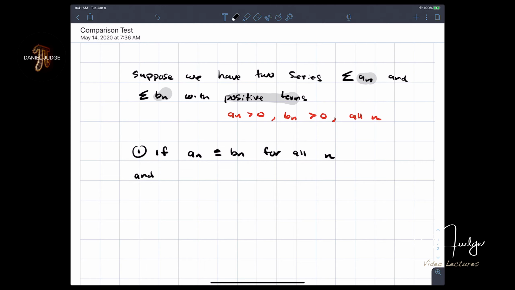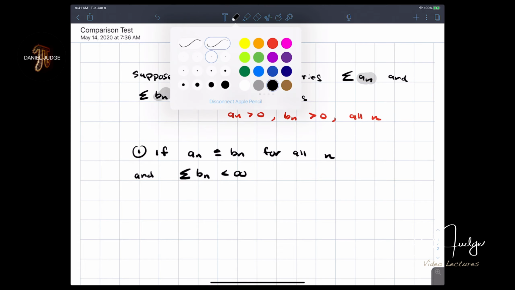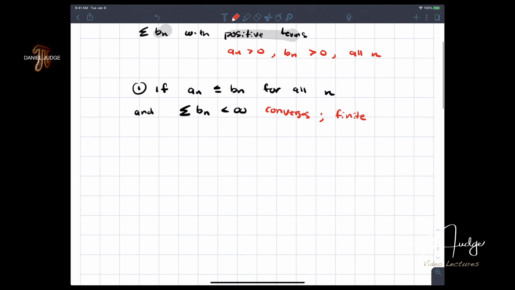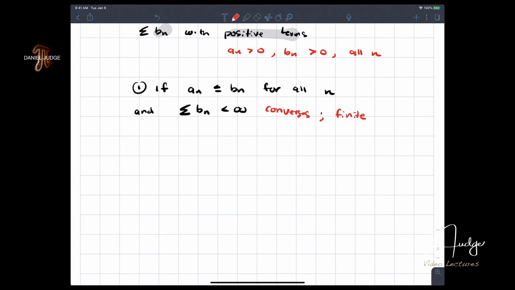We need to know that the series, the bigger series here, okay, so remember this, we're going to say the sum of b_n is actually going to be convergent. This means converges, right? Or the sum is finite, some value. And you're going to see what we mean by the bigger series.